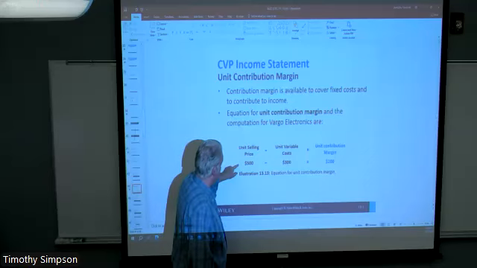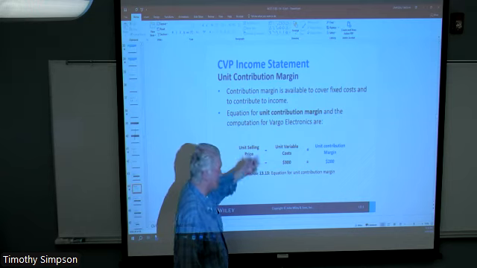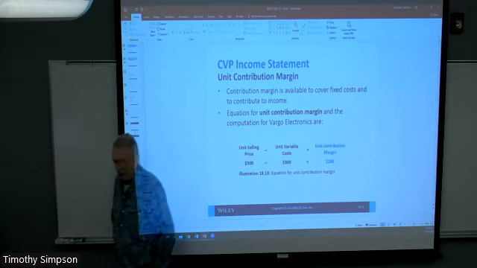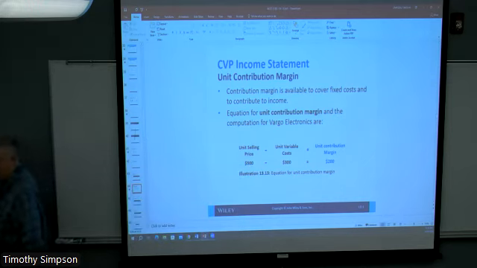Here, we're taking it down to the individual unit by dividing everything by the number of units that were produced and sold. We're making the assumption here that we're not producing and having anything stored in inventory or whatnot. Everything produced is sold. That's the assumption we're going with here.